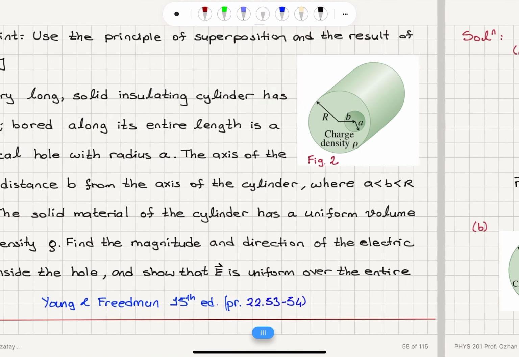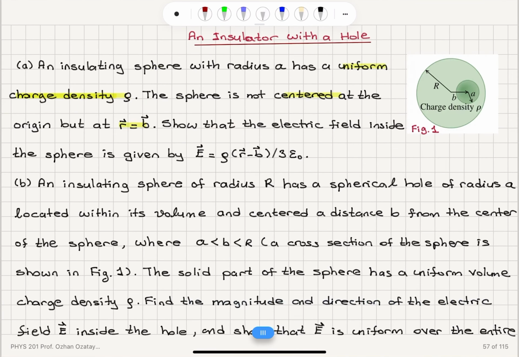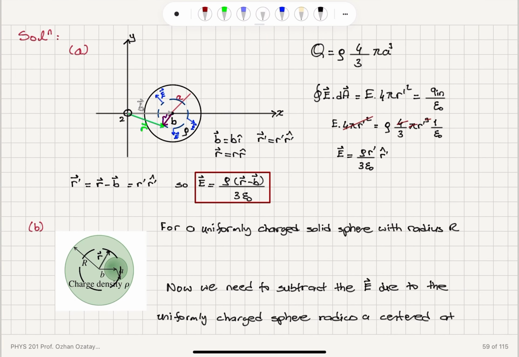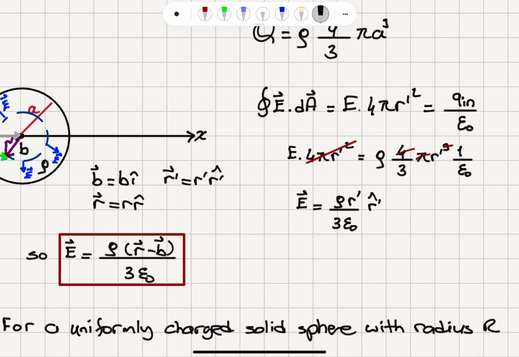That's what we were supposed to find in part A, the electric field inside the sphere. This is valid for r prime less than a.